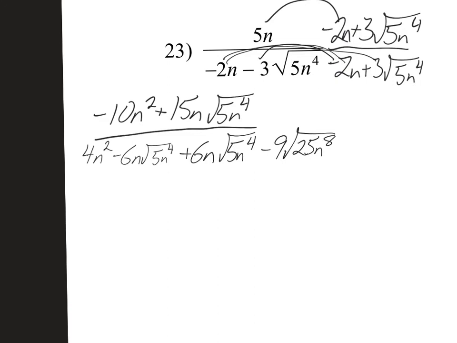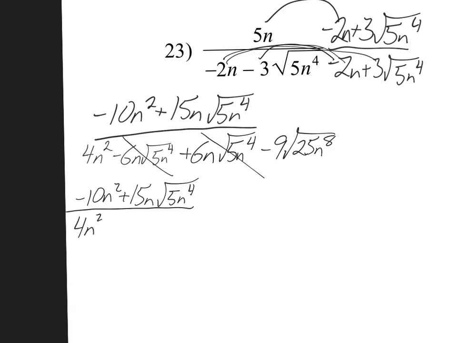So let's simplify. We have negative 10n squared plus 15n radical 5n to the 4th over, these two things are going to cancel, so we have 4n squared minus 9 times 5n to the 4th. Real quick, up on the top, I can simplify the n to the 4th in the radical into n squared.